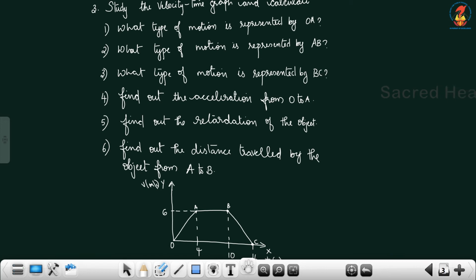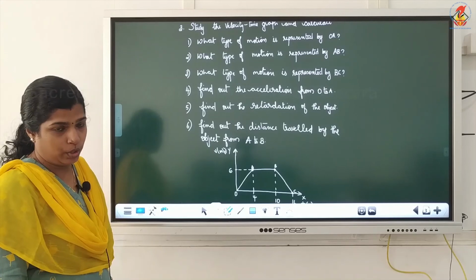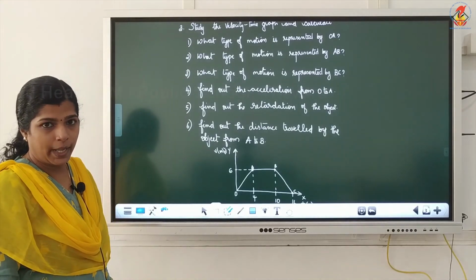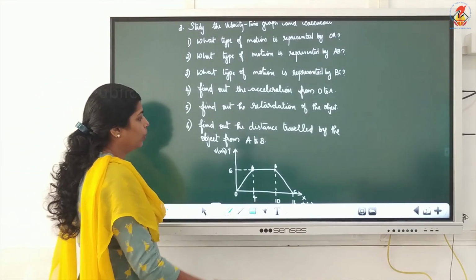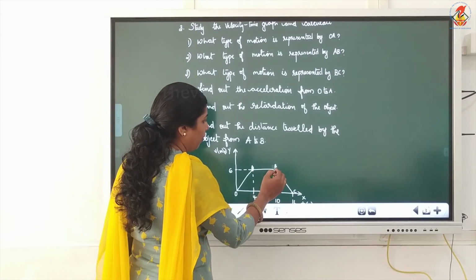Okay. So, here the graph OA is a straight line sloping upwards. So, I told you it is having uniform acceleration.